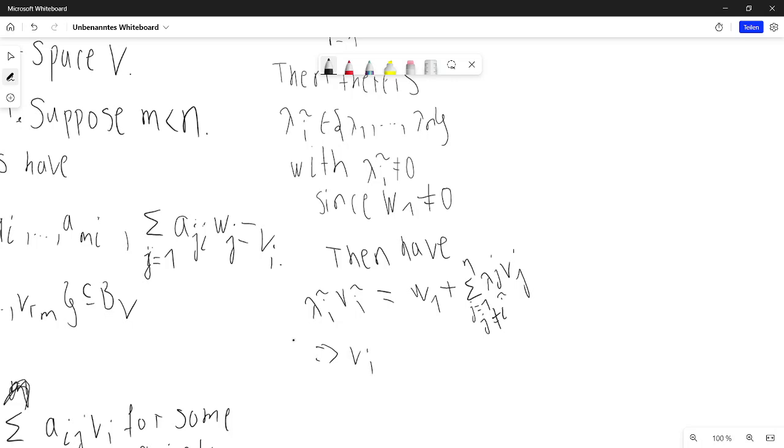Which means that the children can be replaced by lambda i children plus the sum over j equal to 1 to the number of j, b j, later.